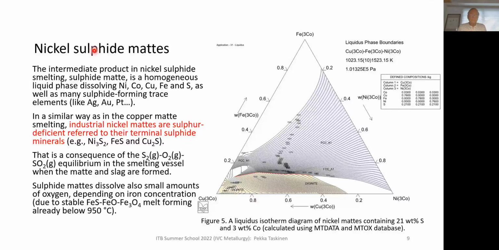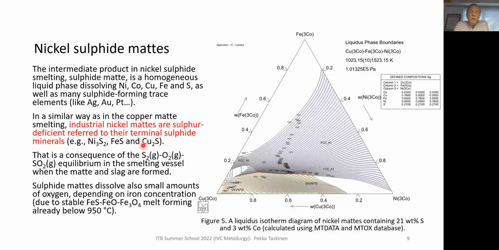So what kind of molten phases are these industrial nickel sulfide mattes? They are not chemically mixtures of the main sulfides, but they are sulfur deficient, in a similar way as in copper making.